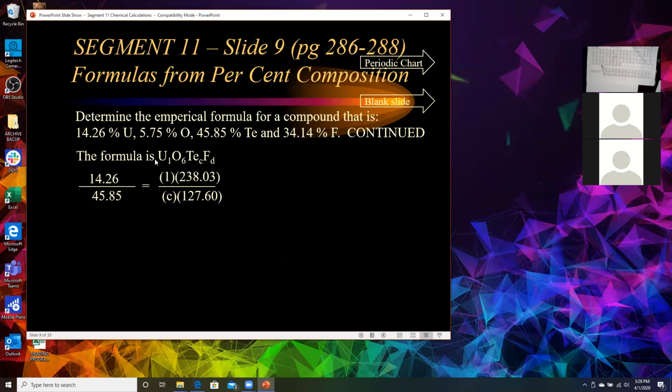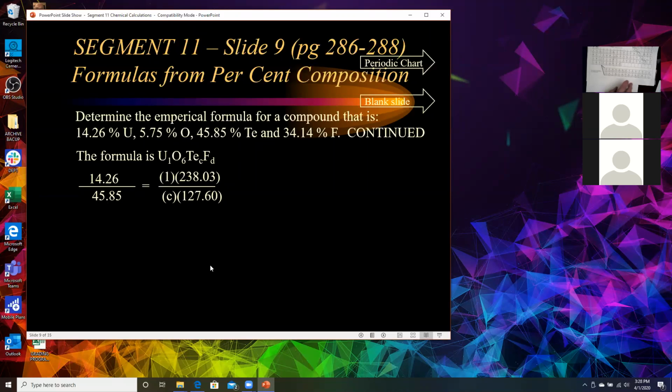Now, if I want to get the next one, I'm doing uranium again with the next element. It's going to be Te. So this is the percentage of uranium in the numerator. There's one of them, and that's its atomic weight. This is the percentage of tellurium in the compound, and there's C of them in there.